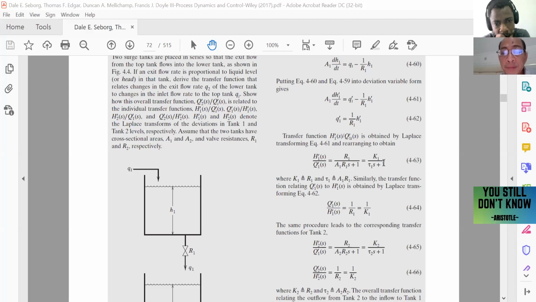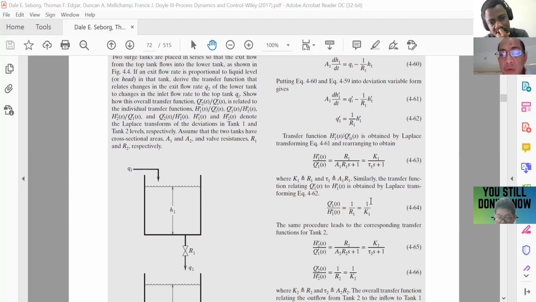Okay. Now let's go back to here. Here is Qi, Q1 prime over H1 prime is 1 over R1, which will be equal to 1 over K1, and therefore Q1 prime over Qi prime will be equal to Q1 prime over H1 prime times H1 prime over Qi prime.